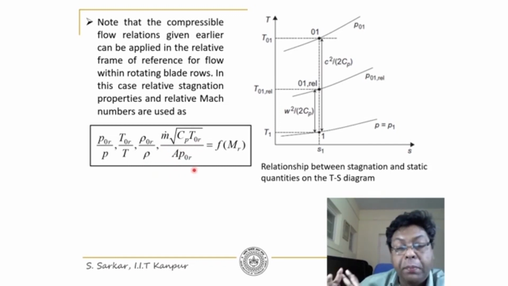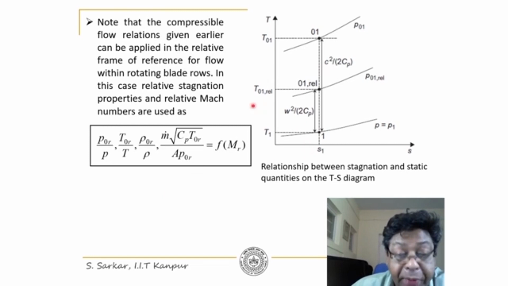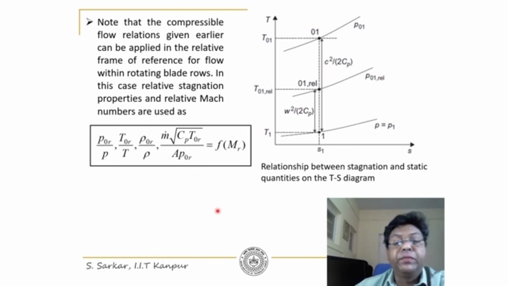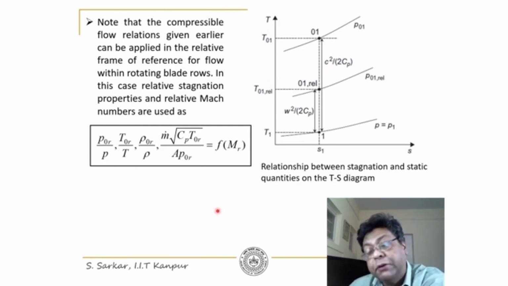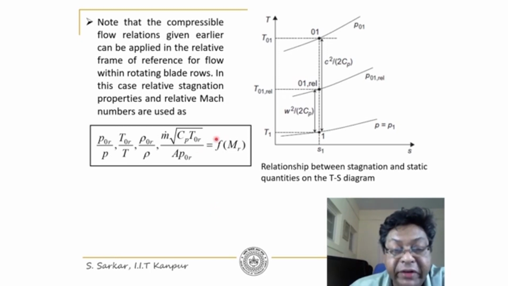So the ratio of total quantity by static quantity in relative frame of reference and the capacity expressed in relative frame of reference can be expressed as a function of relative Mach number. So I have written an F of MR.